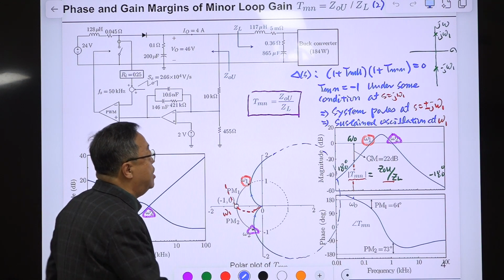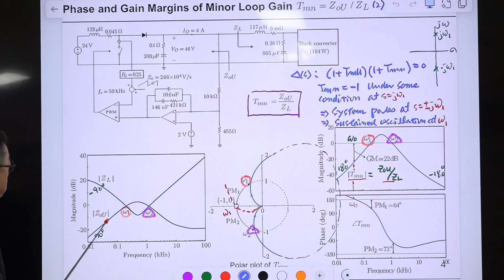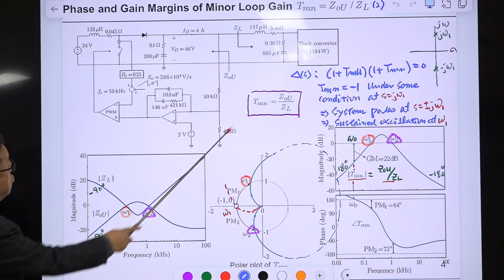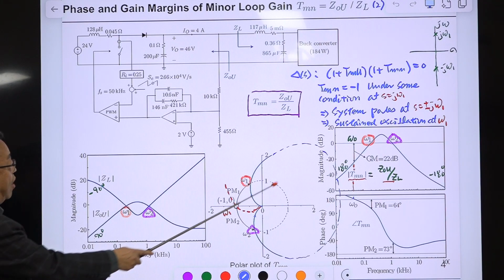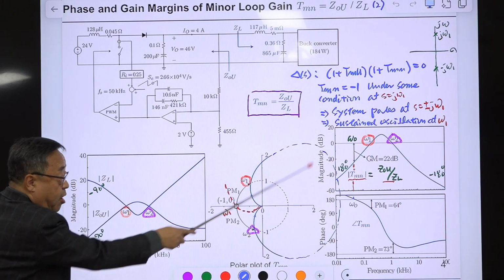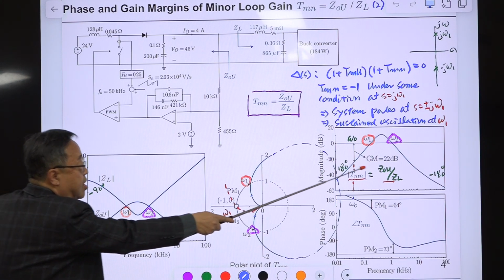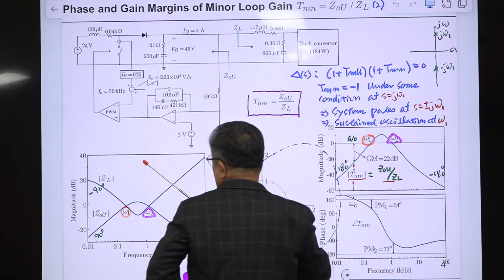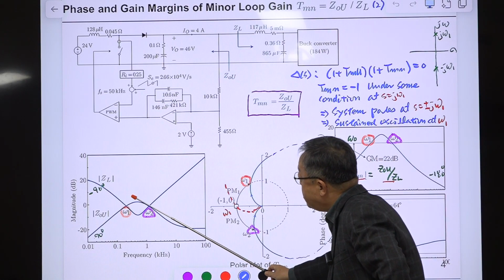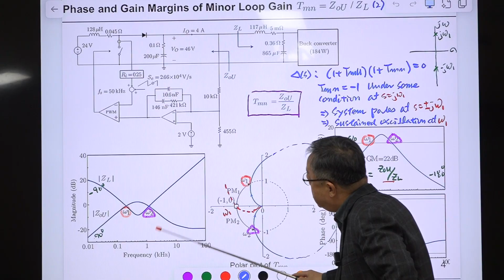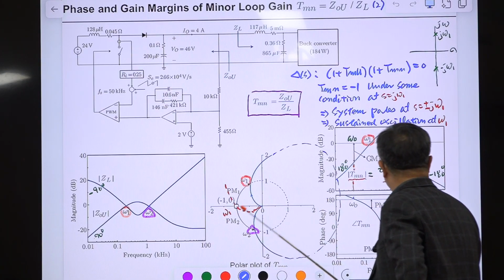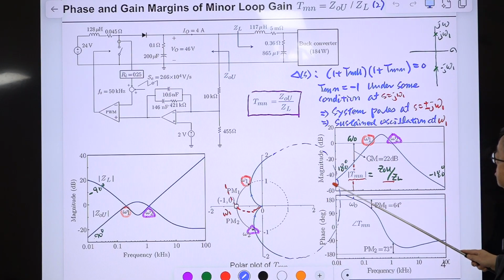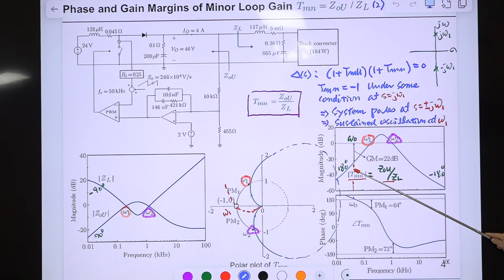In terms of phase, GOU is this one, and GOU minus GL is 180 degrees around here, and at this frequency this phase is minus 180 degrees. So this is the asymptotic characteristic here. So the slope is minus 40 dB per decade.